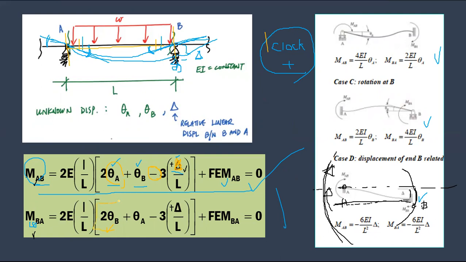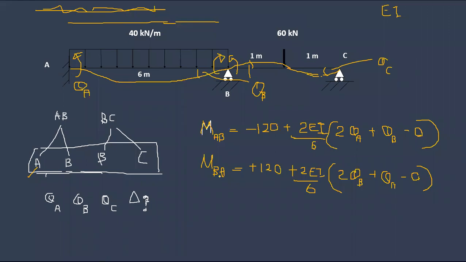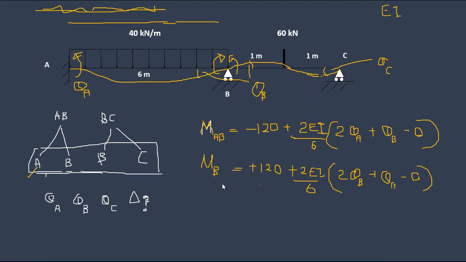This is the leading theta B, 2 theta B plus theta A, then this is the rotation at the other end. Minus, you don't have any support settlement, right? So we have now applied for the BA span.